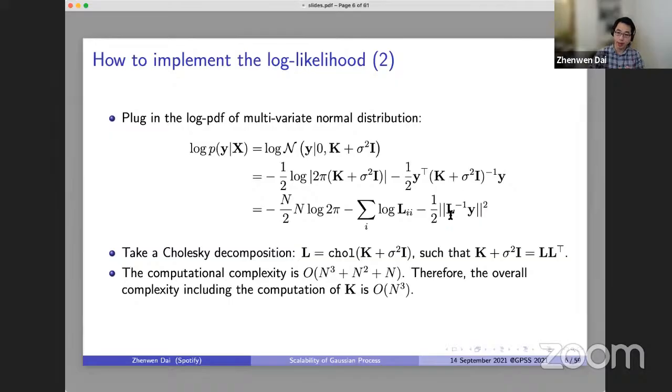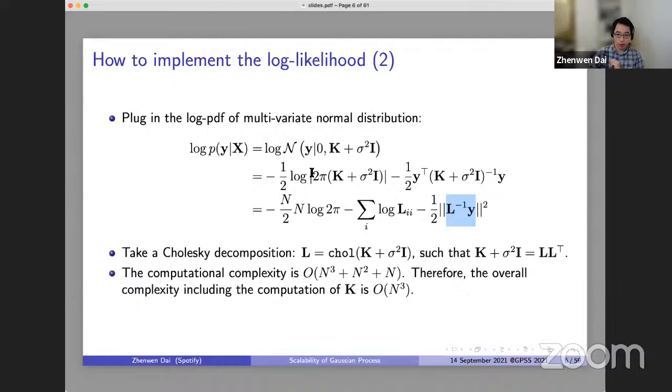Note that even though we still have an inversion notation, because L is a lower triangular matrix, we can efficiently calculate L inverse y with a special numerical routine called back substitution. The computational complexity of back substitution is almost as efficient as a standard matrix multiplication.